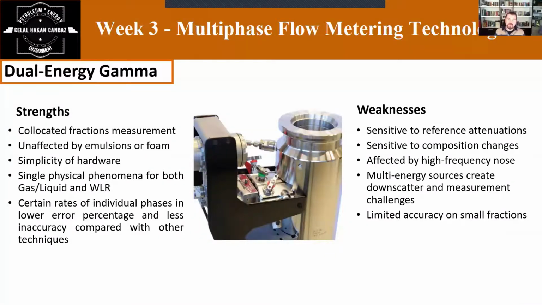It gives you the measurements of your fractions, first of all. It is unaffected by emulsions or foam. As I mentioned, there was condensate banking and foam flow, which can fluctuate a lot in the previous devices. So this is unaffected by emulsions and foam.